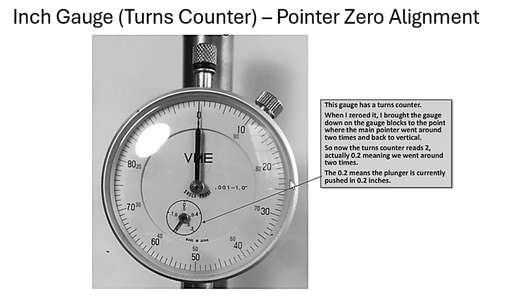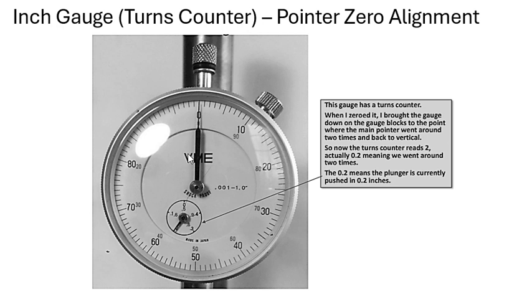In this example, we brought this dial indicator down to the gauge block, and it turned two times for this die gauge. So it means that you've got about 0.2; it went 1 time and then it went 2 times.